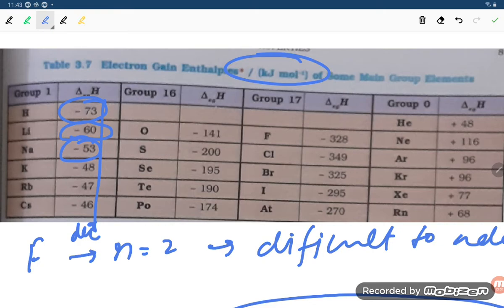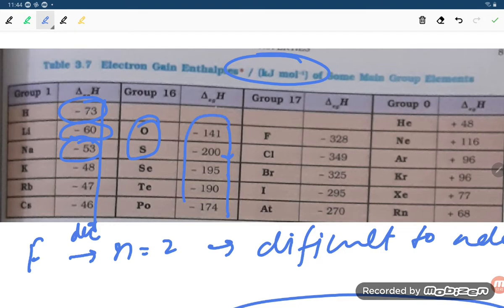But if you see the group with oxygen, sulfur, selenium, tellurium, you will find a little increase at the start. So what is the meaning of this, student?